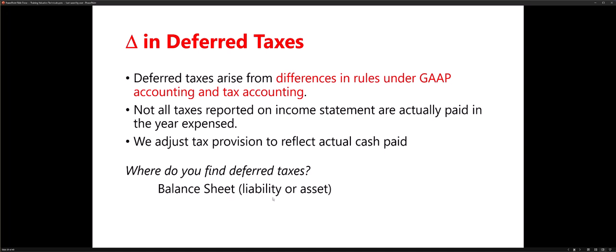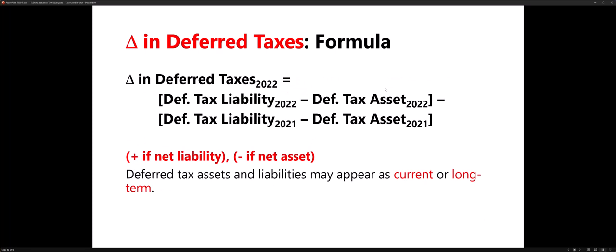And where do you find those? It's in the balance sheet, right? It could be on the current and non-current, and it could be on the asset as well. Could be a current asset or a non-current asset. So what we need to do is try to get the net liability.